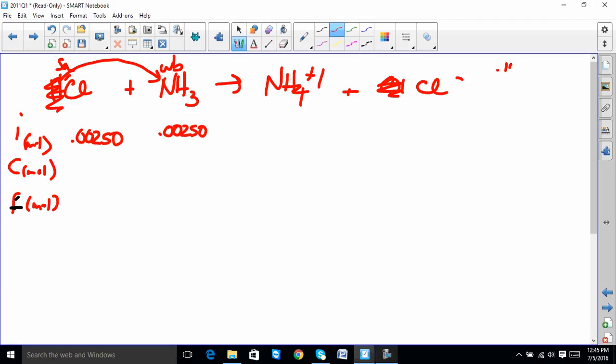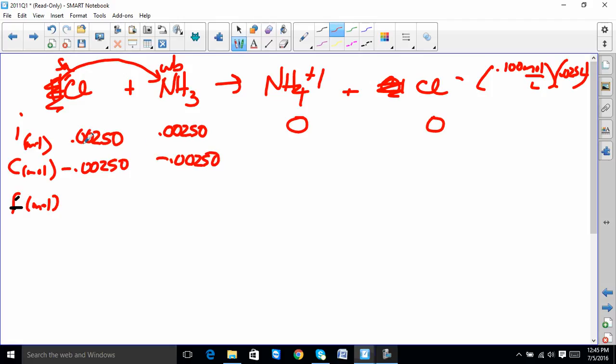Because it's 0.1 moles per liter, and then it's times 0.025 liters. So the 0.1 moves it over a place. This is 0, this is 0. These are tied, so neither one of them is the limiting reactant. They are going to run out at exactly the same time.